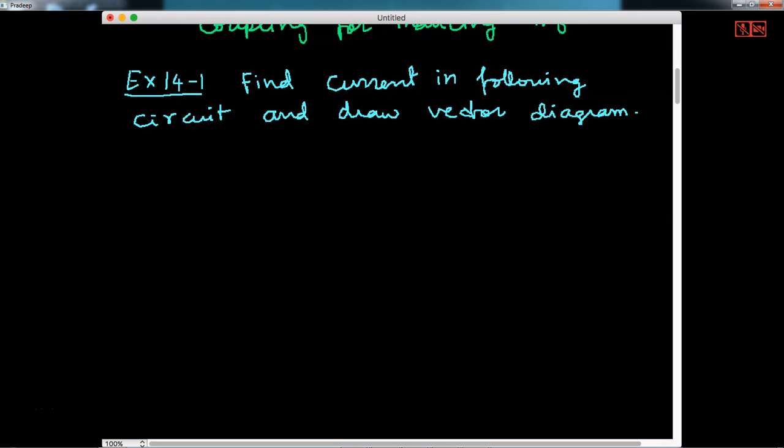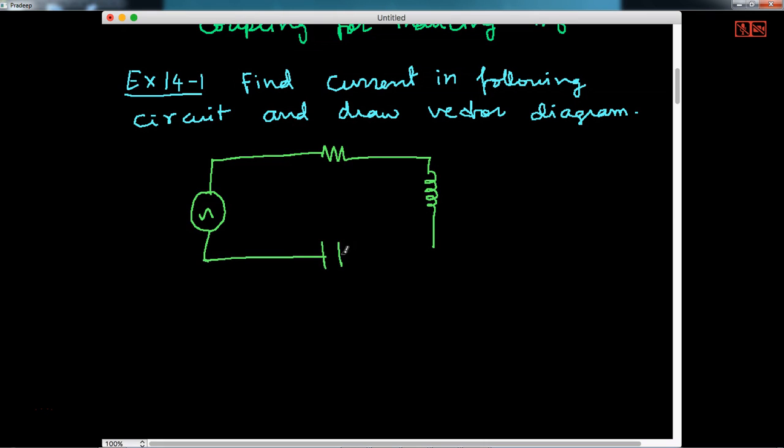The circuit is a simple circuit with a resistance of 10 ohms, an inductance of 20 millihenries, and a capacitance of 200 microfarads.